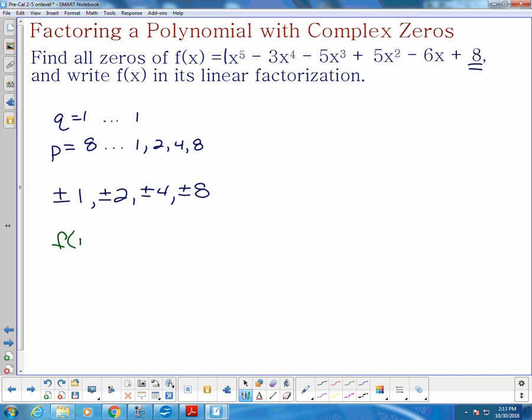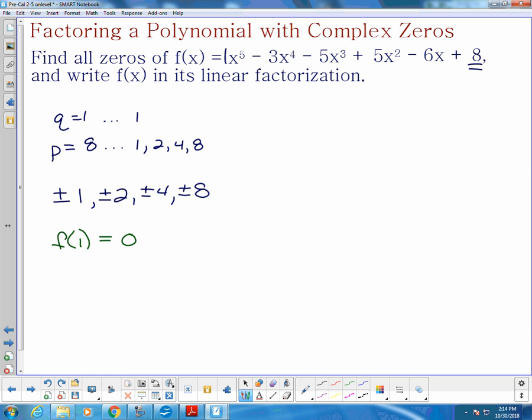So if I put 1 into this function, what am I looking for? A 0, right? If it gives me a 0, I know that it's a root. So if I put a 1 in there, oh, I get 0. Spectacular. If I put negative 1 in, nope. If I put 2 in, do I get a factor?